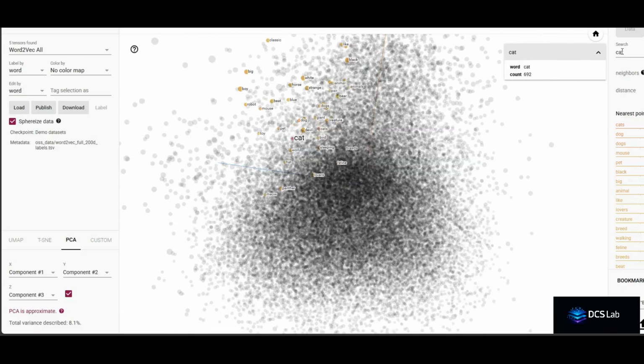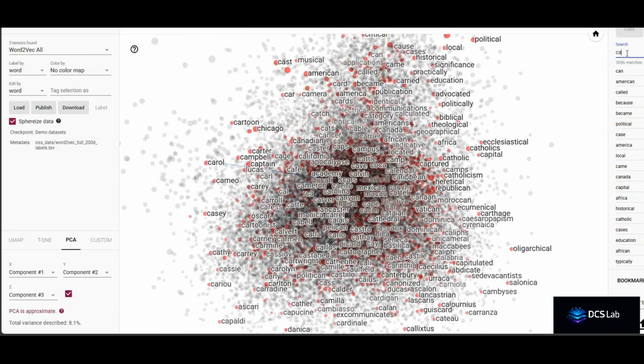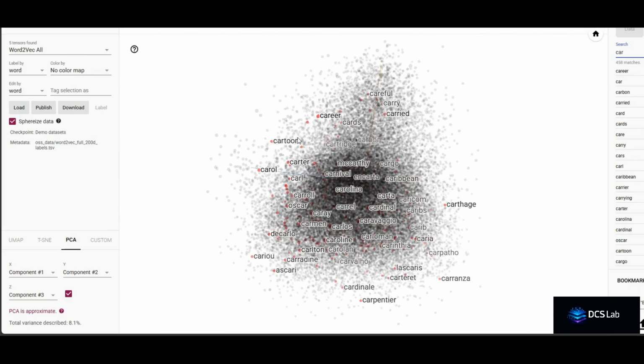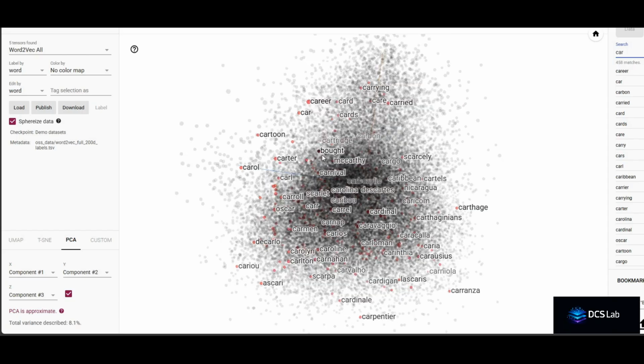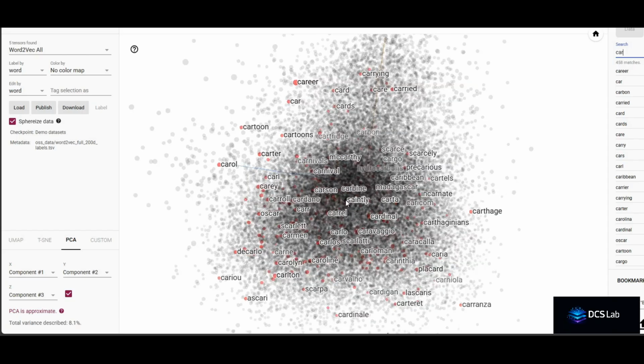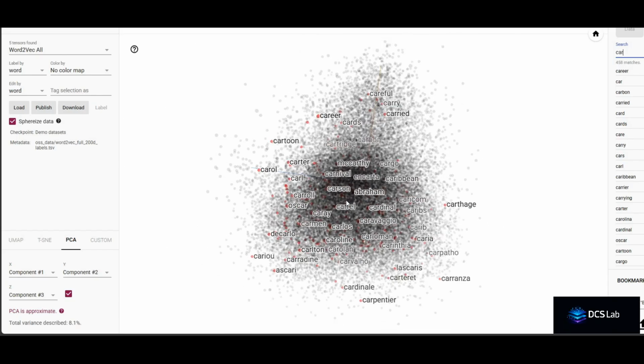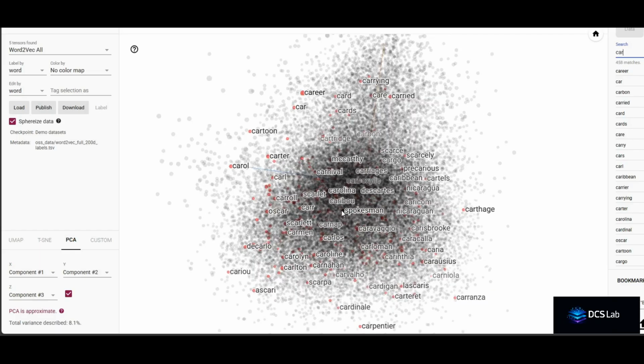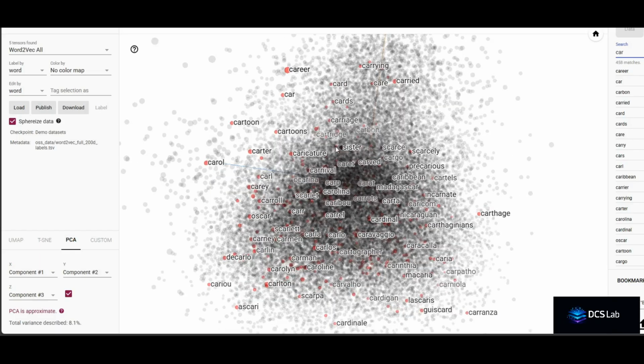If I see again, this time not cat but car, you see car, and among the 50 neighbors of car, there is caravan, and words with the prefix car are also coming in place, right?